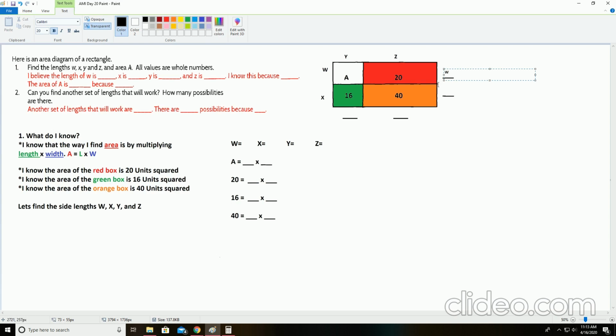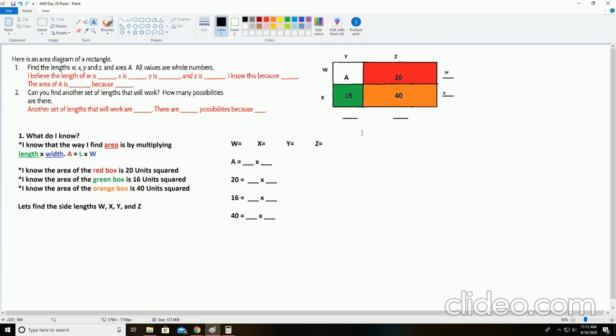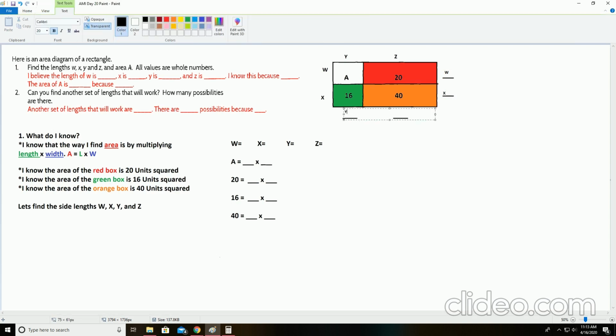Okay. That means that if this line from here to here is X, that means that this right here is also going to be X. If this is Y up here, that means this little section right here is also going to be Y. And then down here as well.